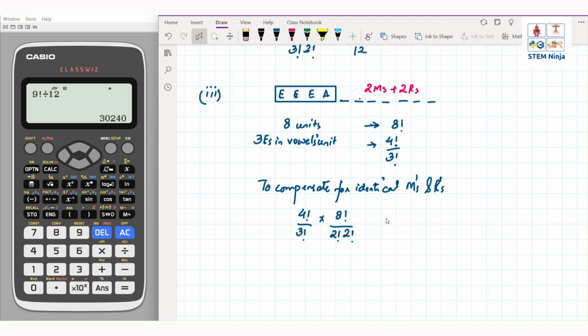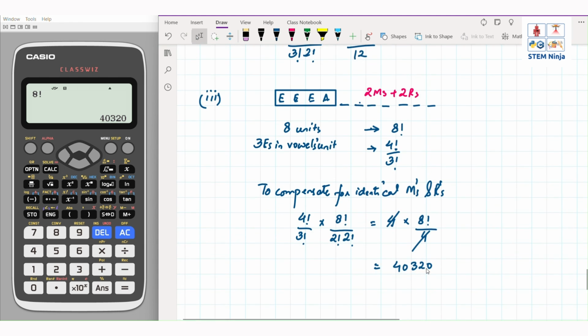So 4 factorial divided by 3 factorial is just 4, times 8 factorial divided by 4. So basically just, sorry, 8 factorial. So 8 factorial, that would be this value.